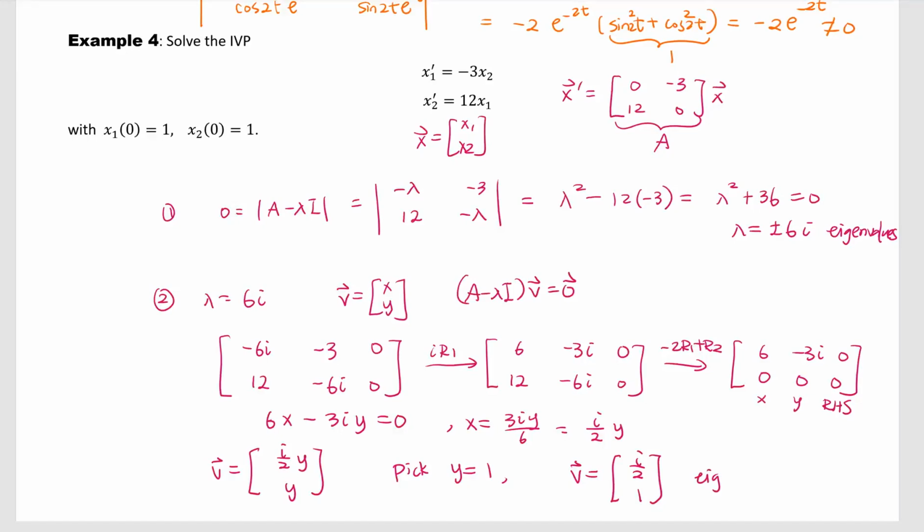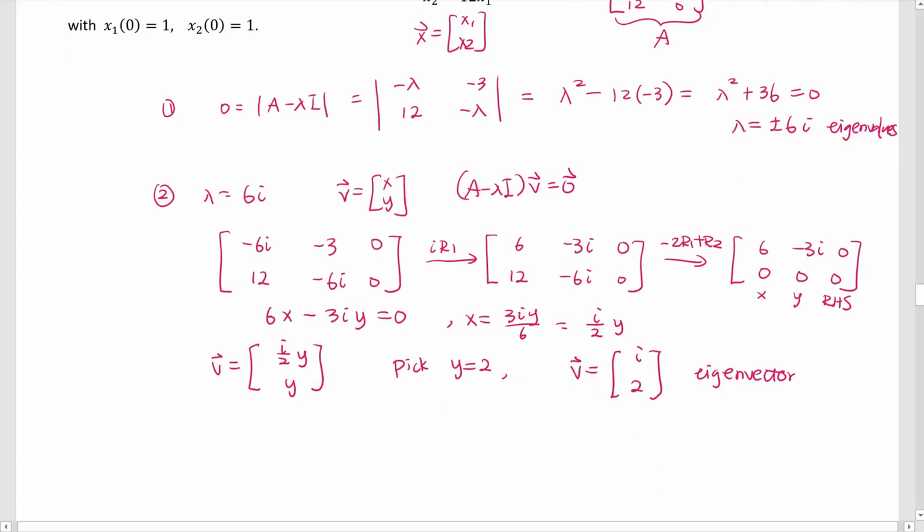This is the eigenvector. Oh, we can pick y to be 2 because I don't really want to work with fractions. You don't, right? So i and 2. Then this is the eigenvector. So remember, you can pick y to be any number, but not 0. Okay? You don't want to put 0, otherwise you get 0, 0.